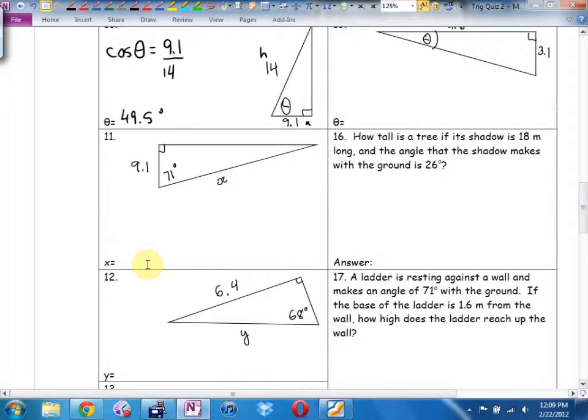A few more angles here, Mr. Dueck. Adjacent, hypotenuse. Oh, this isn't an angle. This is finding a side again. It's cosine of 71 equals 9.1 over x.